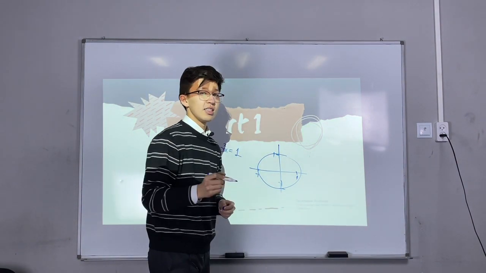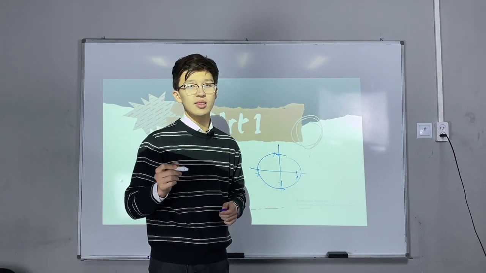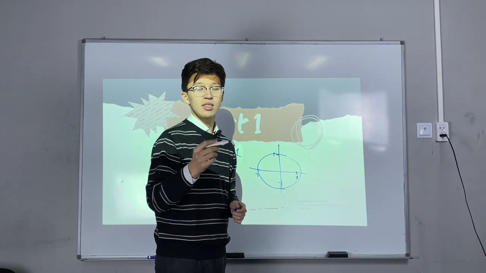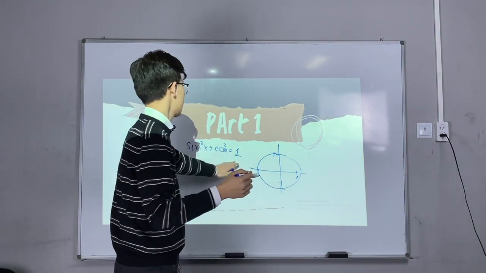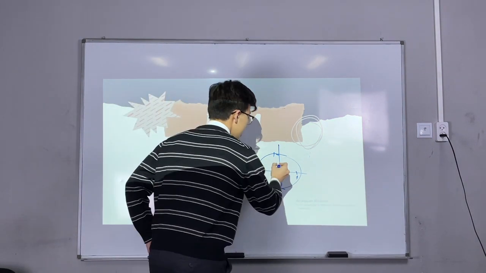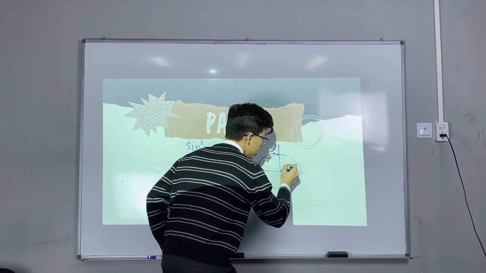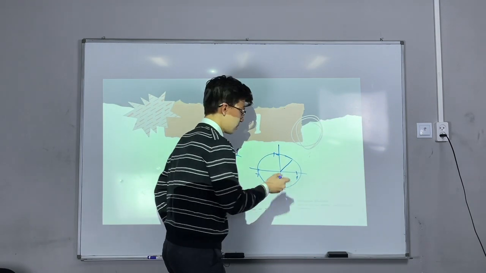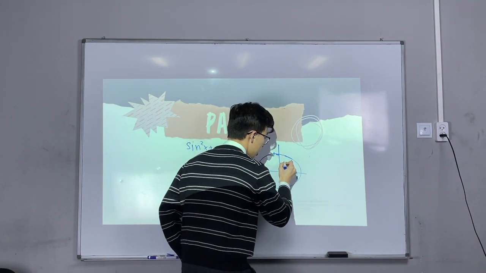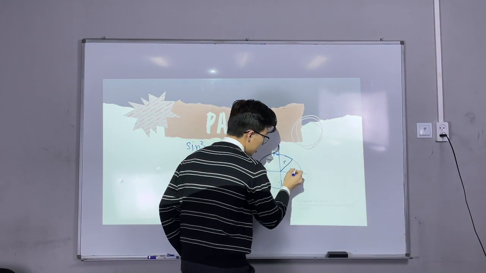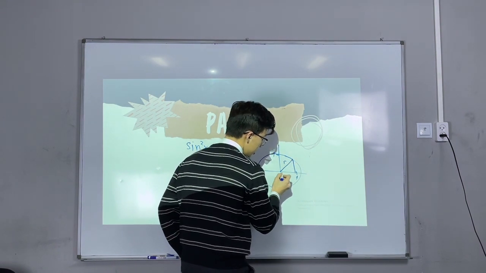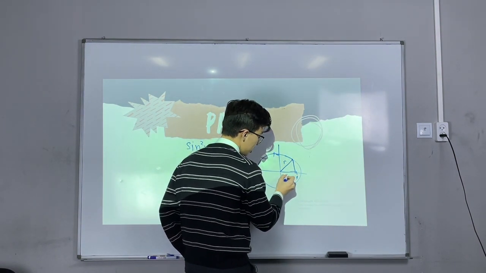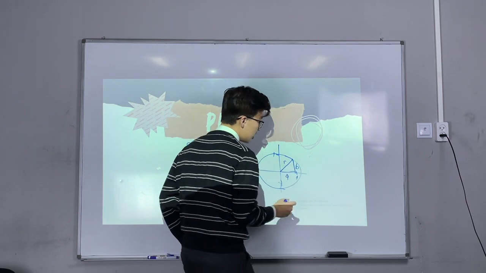Here, the right triangle can help us understand where we get this formula. If we draw the radius, just label it R, and label this length A and this length B.